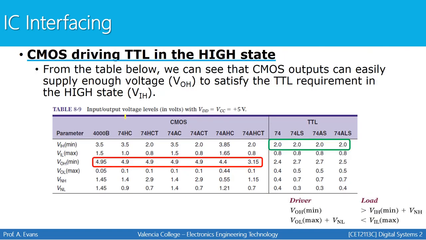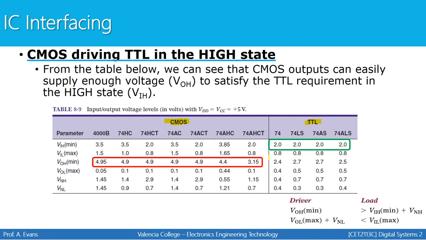Now we're going to take a look at CMOS being the driver and TTL being the load in the high state. So now let's assume that our CMOS part numbers are going to be driving a TTL load. And we're going to consider that the output state is currently high. So we're looking at the voltages that are supplied when the CMOS driver is providing an output voltage in the high state.